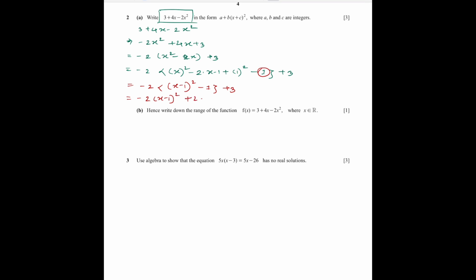Then it will be negative 2 times (x minus 1) squared plus 2 plus 3, and finally 5 minus 2 times (x minus 1) squared.